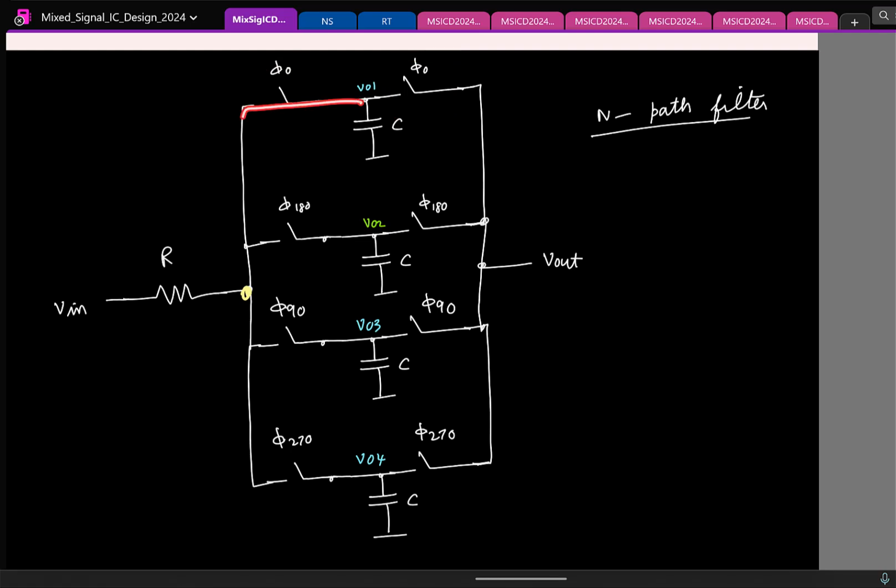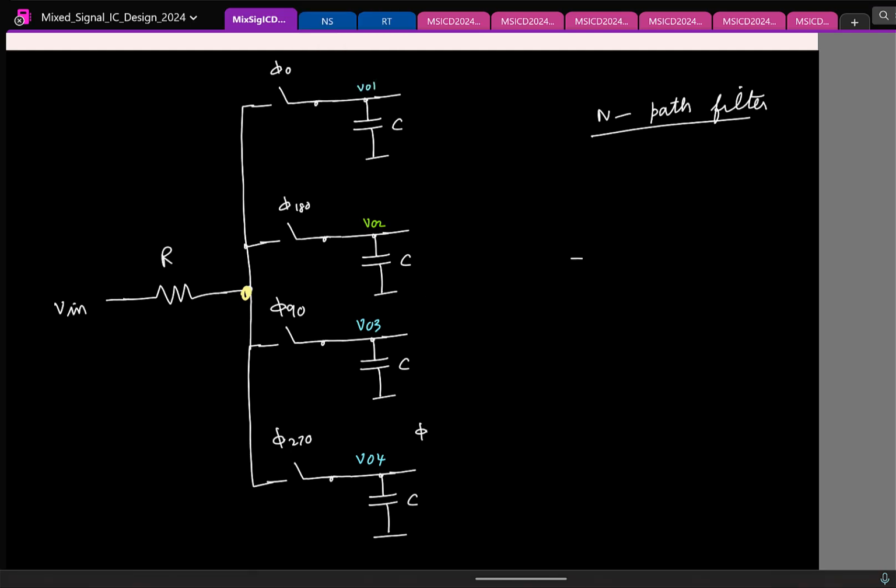So VO1 is connected here. During the second clock phase, this is connected here, and so on. So I don't necessarily have to have the output side switches. Okay. So what is my output node now? This guy. Okay.